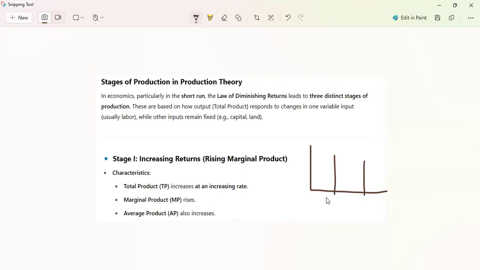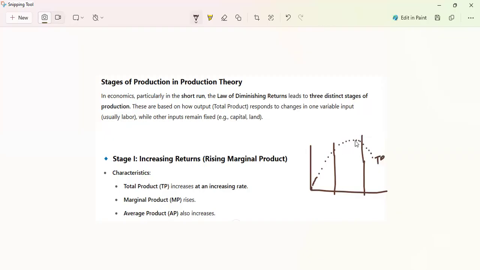So in the first stage, our total product is rising. Then we start declining here. This is our total product of labor. So in stage 1, it will keep rising.